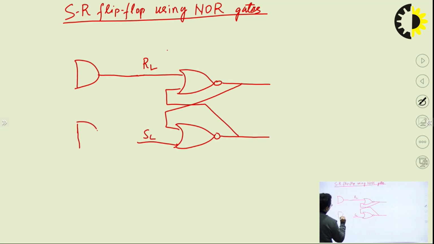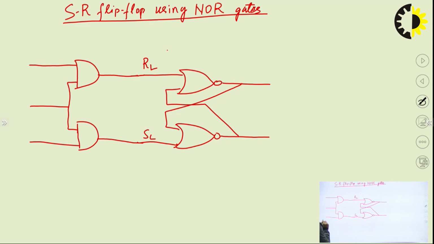We are making a provision to provide a clock to the flip-flop, because we know that a flip-flop has a clock. So this is our FF, the flip-flop, with R, S, and this is your clock.